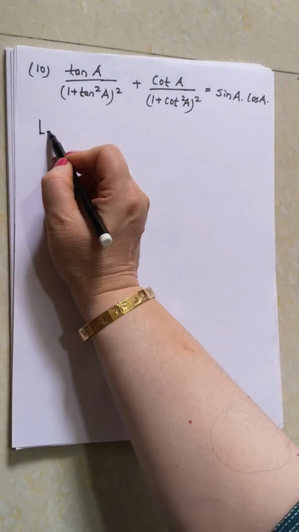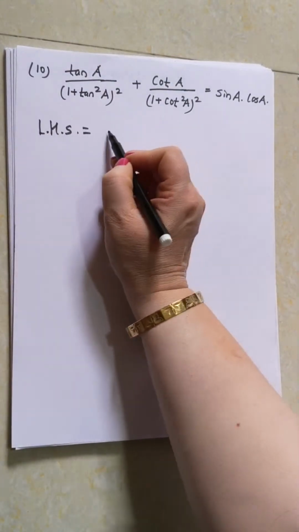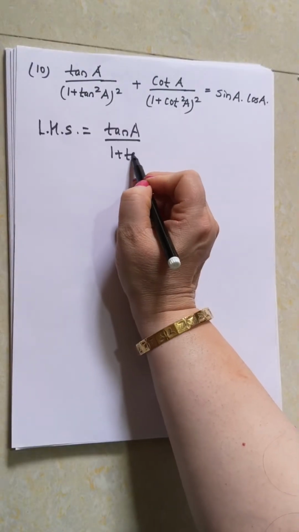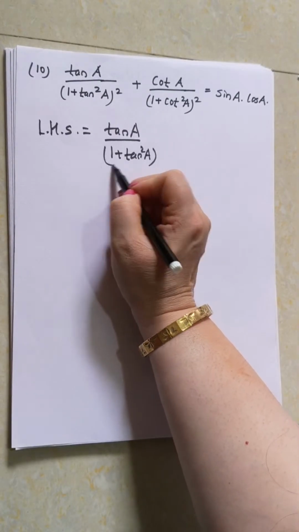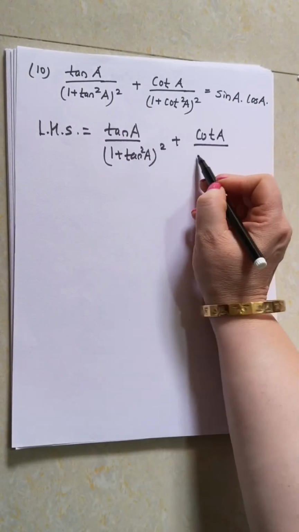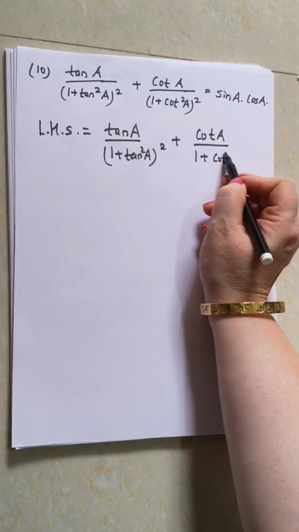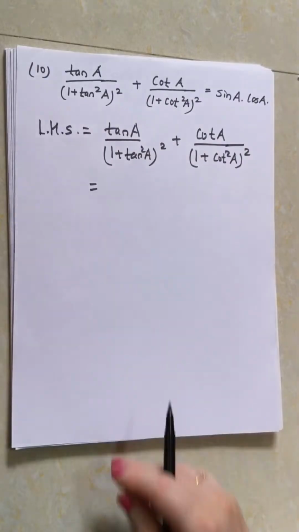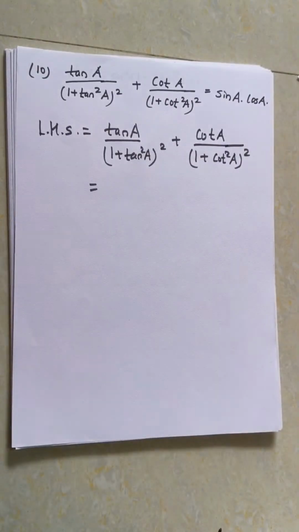And what is given? LHS is equals to (tan A upon 1 plus tan square A) whole square plus (cot A upon 1 plus cot square A) whole square.